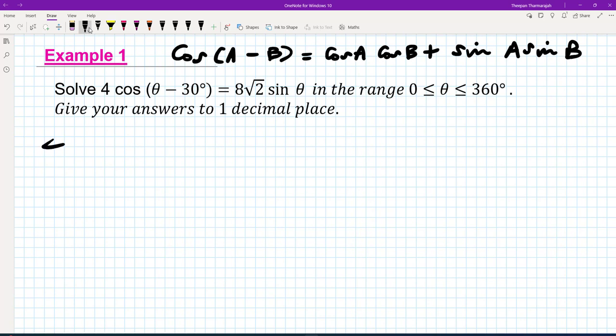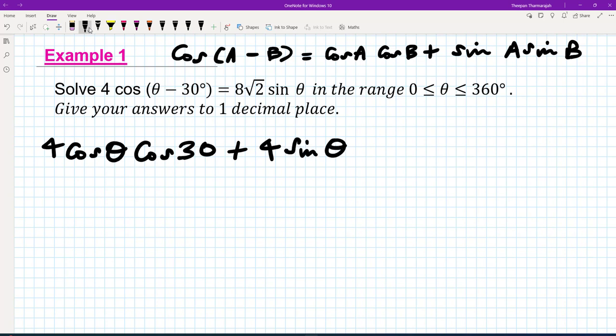So it's going to be 4 lots of cos theta cos 30 plus 4 lots of sine theta sine 30. Now that is equal to 8 root 2 sine theta.